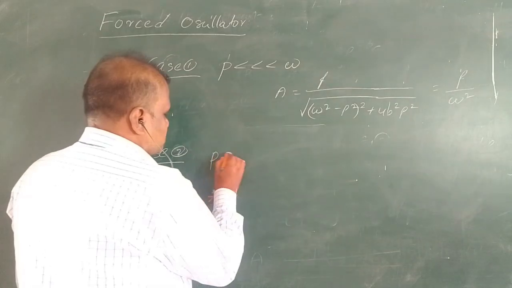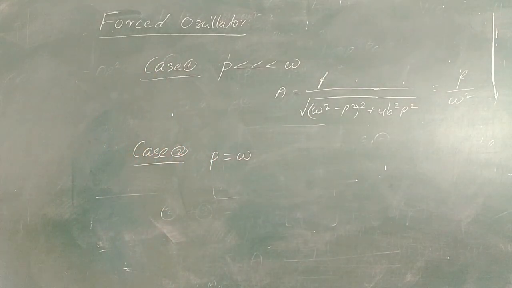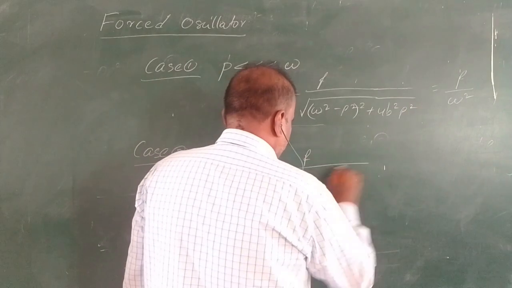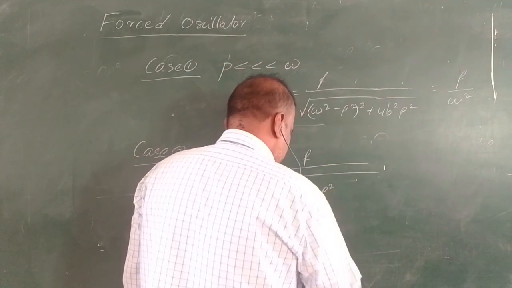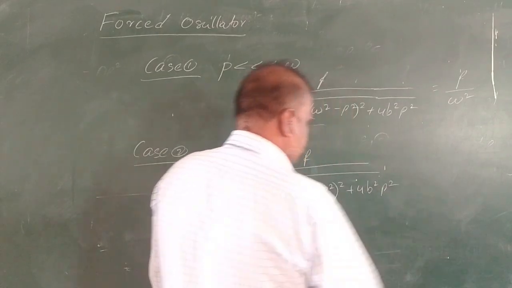Case number 2 is when the applied force frequency and the natural frequency become equal. Then what will happen? The resultant amplitude is capital A equal to f divided by the square root of (omega square minus p square) whole square plus 4b square p square.